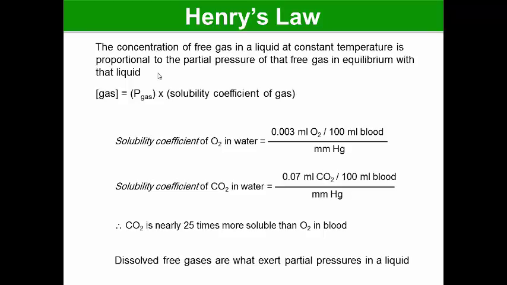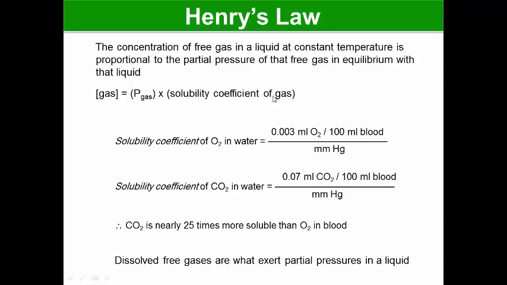If we are to remove the proportional sign, we need to multiply by a constant, which is the solubility coefficient of the gas. So the concentration of the gas in a liquid equals the partial pressure of that particular gas in the liquid multiplied by its solubility coefficient.